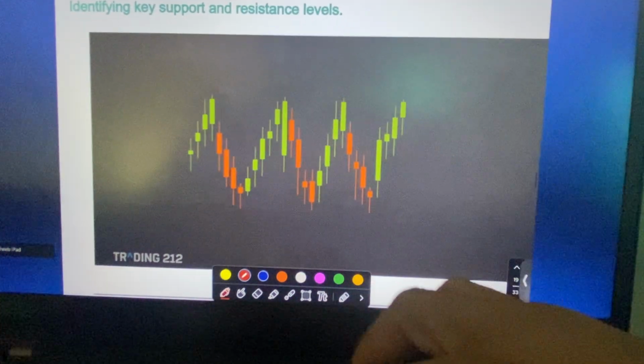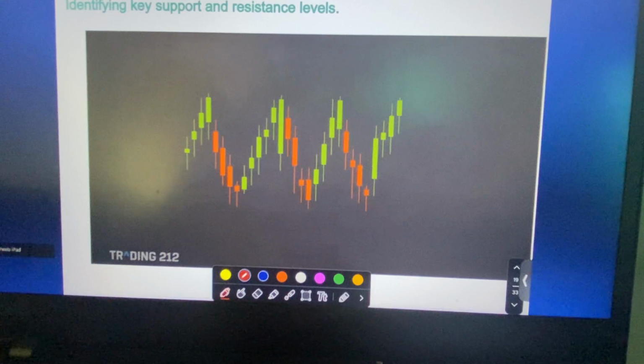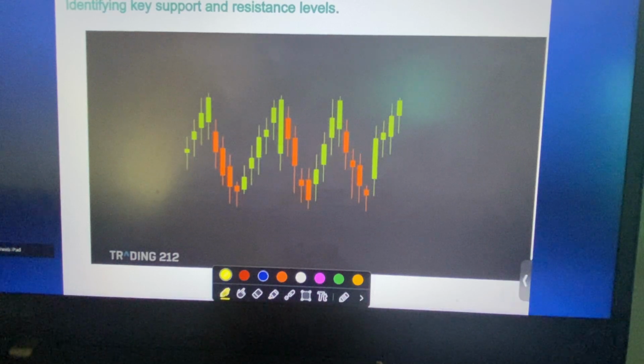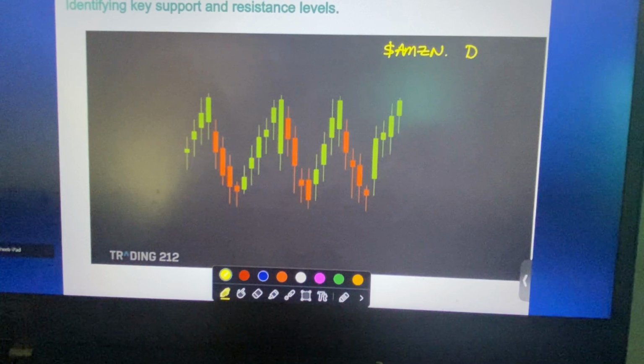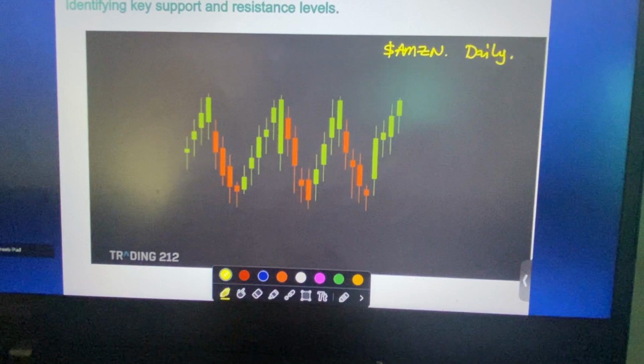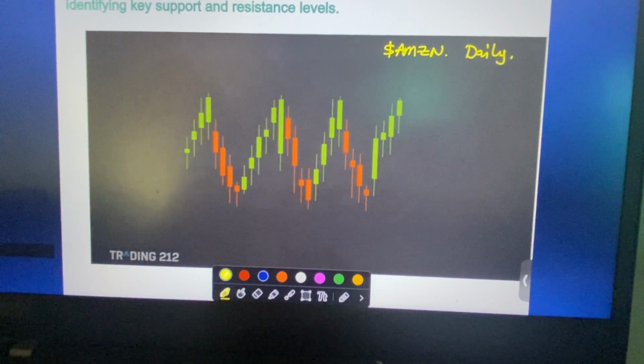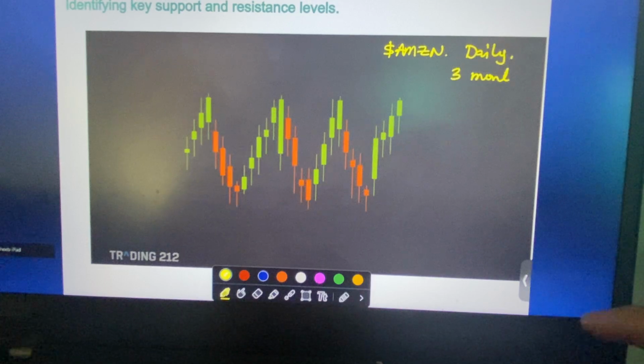Let's take this as our stock chart, candlestick. Let's call this Amazon again as our ticker. And let's assume that this is a daily chart, and this is over a time frame of 3 months.